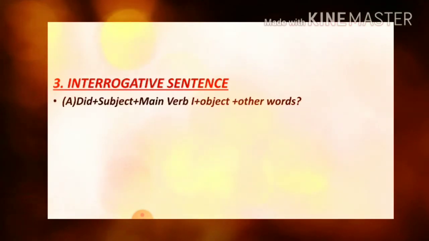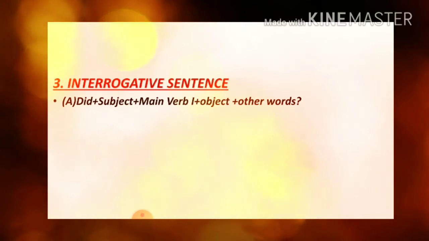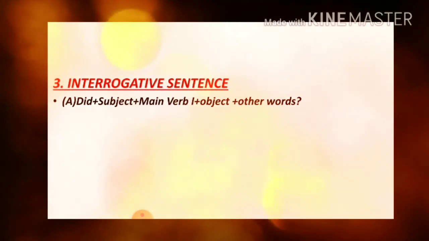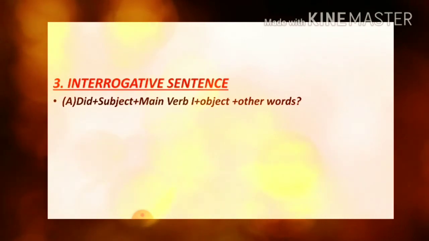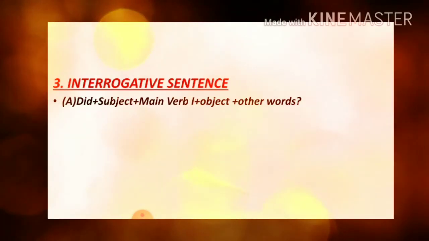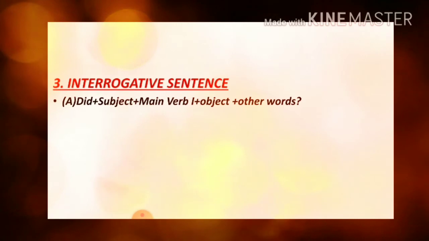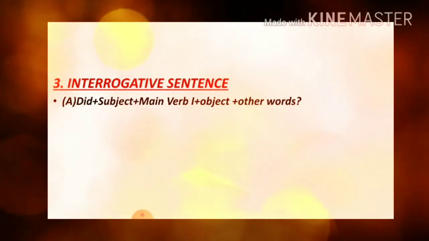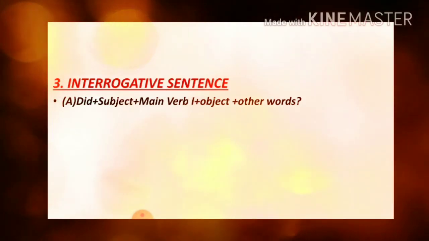Now the next part is the interrogative sentence. As you know, this is divided into two kinds. The first one starts with the helping verb, so the sentence begins with did. After that, the subject, then the main verb in the first form, since did is used, then object and other words.